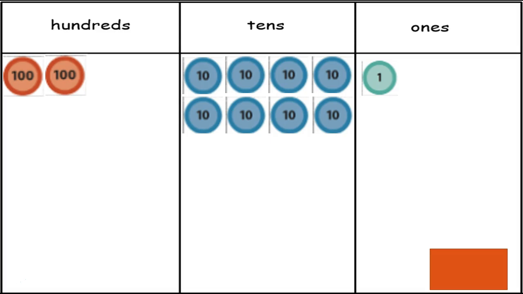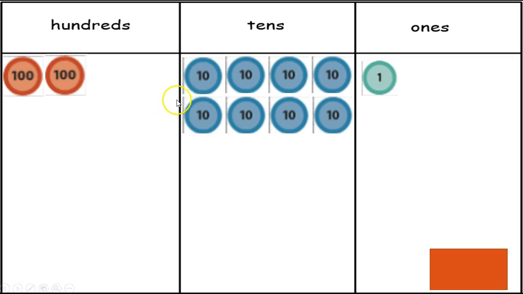Alright, so now let's do this. How many hundreds, how many tens, and how many ones are there? And we're going to write the total number. So let's do this one together, and the rest of them I'll have you do on your own. So let's see, how many hundreds are there? Remember to skip count. 100, 200. Now count from 200, and we're going to skip count by tens now.